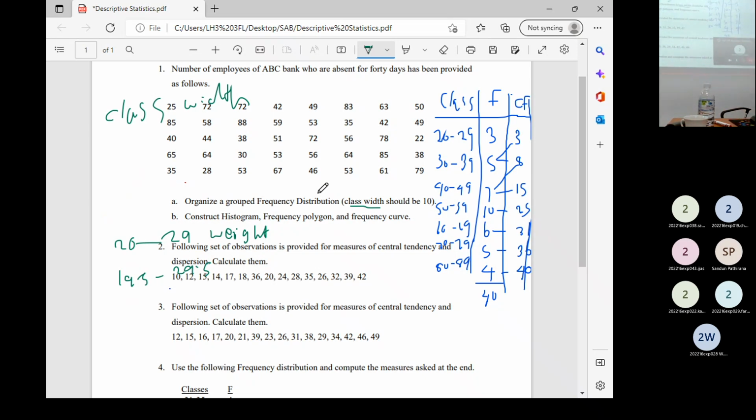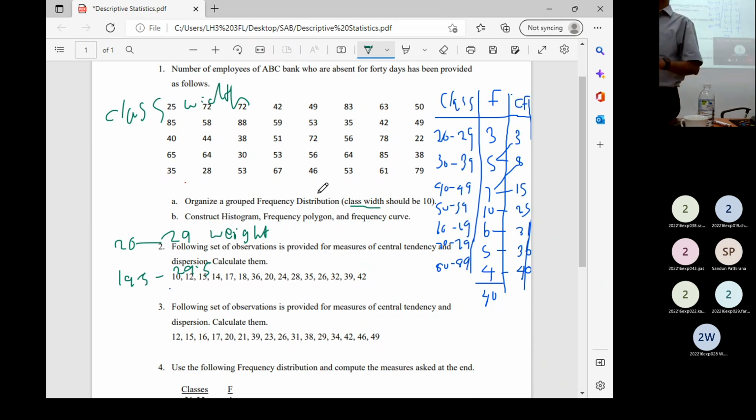Consider a class 20-29. What is the class width? The difference between the real limits 19.5 and 29.5. That difference is the class width. Because in the calculation it is most important. When you calculate mean, median, mode, variance, standard deviation, distribution, frequencies, all these values, we consider these terms. Then you need to understand.